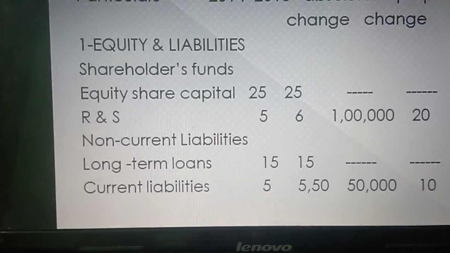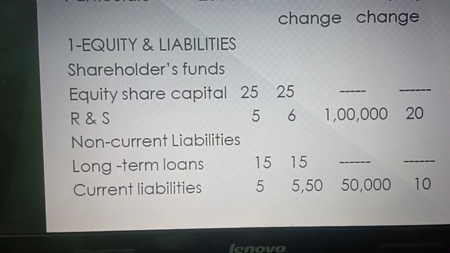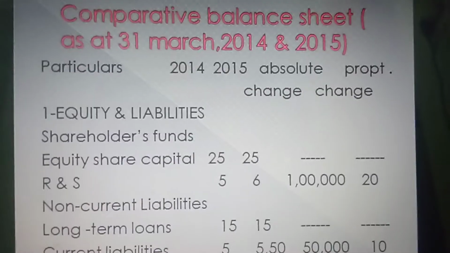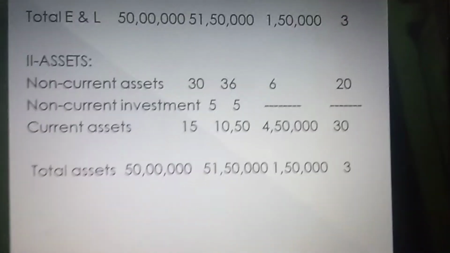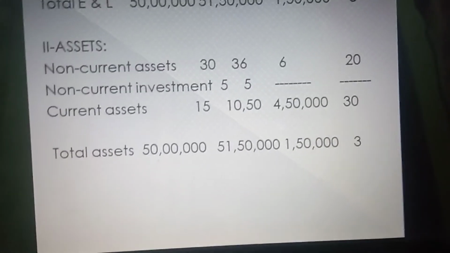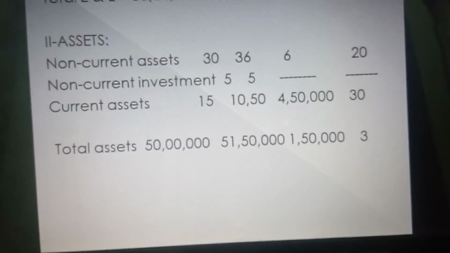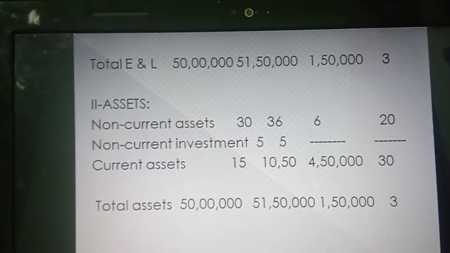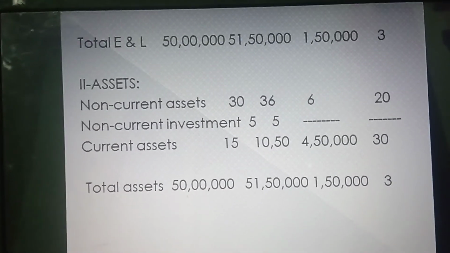So here 5 lakh minus, again this 50,000 is negative. Minus minus would be plus. So when we do the total, 1 lakh minus 50,000 is again minus, so it would be plus. So here 1 lakh 50,000 is the total of absolute change.